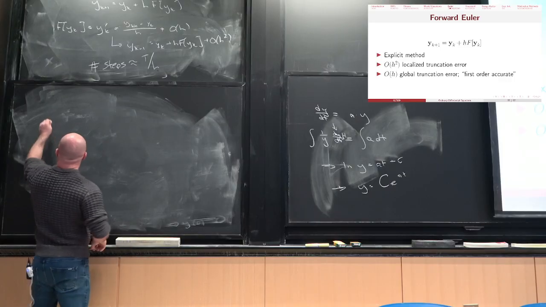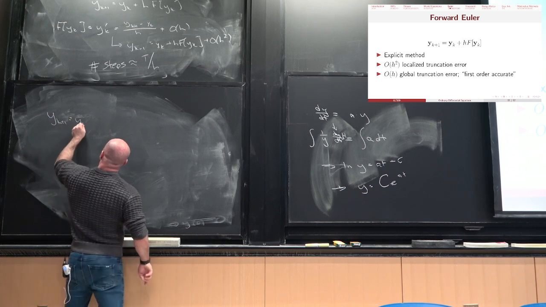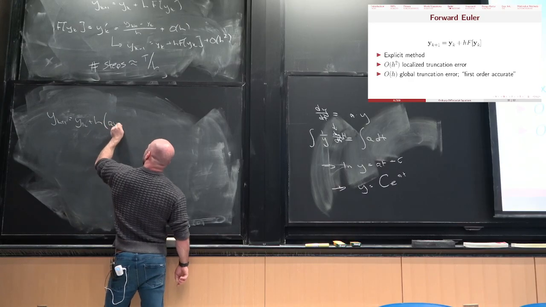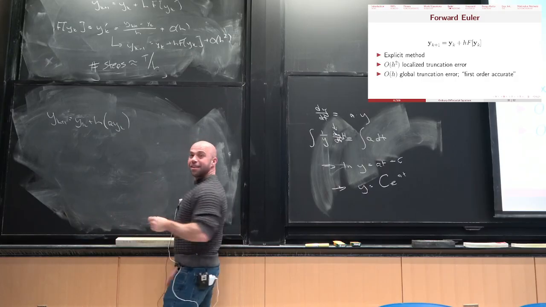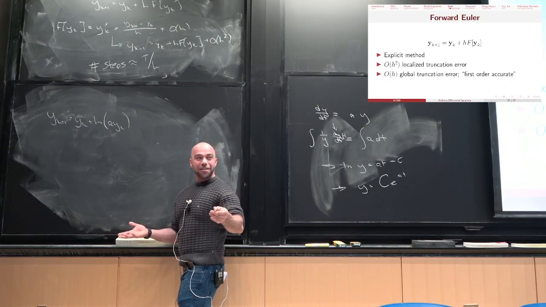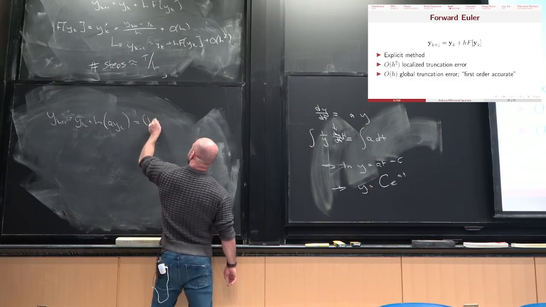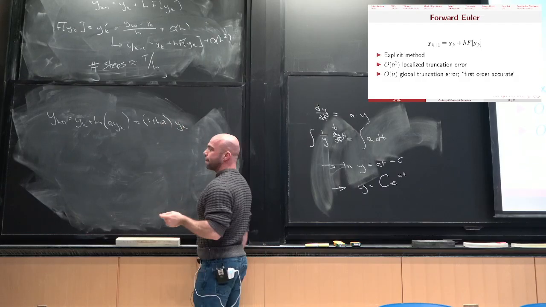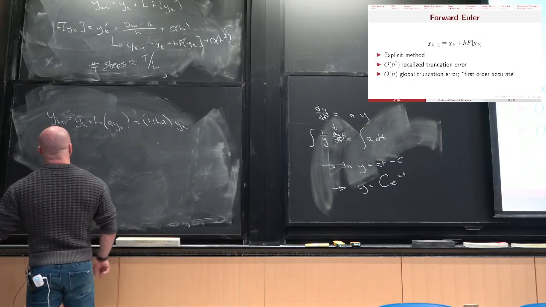Okay, so let's do the model equation. So we have y_{k+1} is equal to y_k plus h f(y_k), which in this case is just a y_k. Cool? Of course, we would never do this in real life. This is just a way to understand how our integrator works. Okay? So in particular, notice this is (1 plus ha) times y_k.